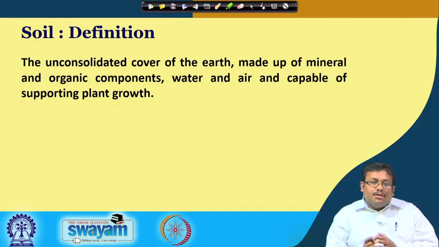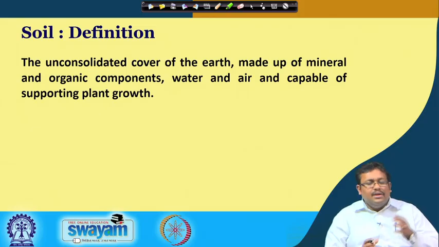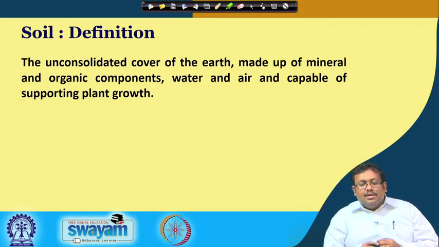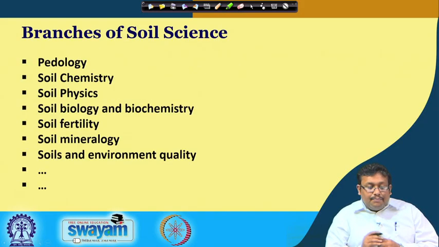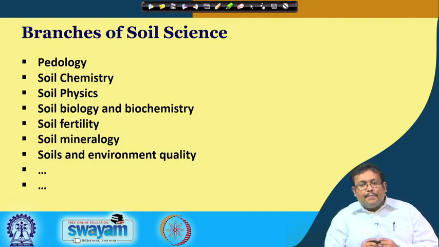So, soil is a heterogeneous mixture of different components. It is unconsolidated and it has to attain certain features to be termed as a soil, and we will discuss that later on. So, let us see what are the different branches of soil science.